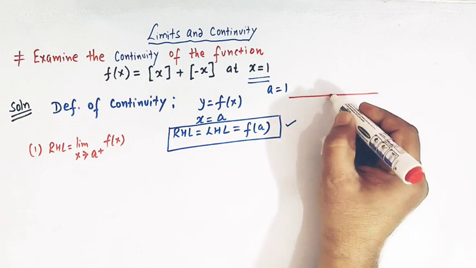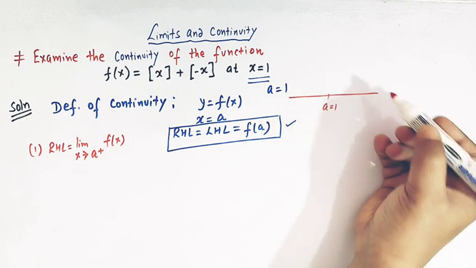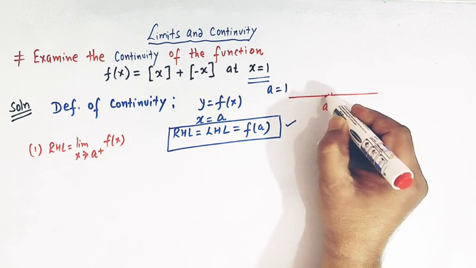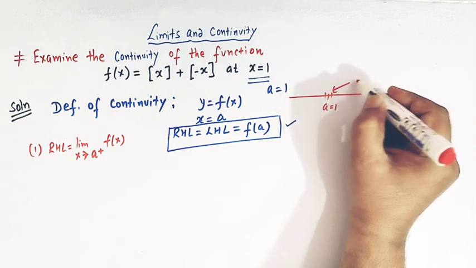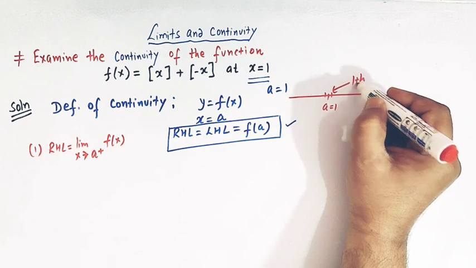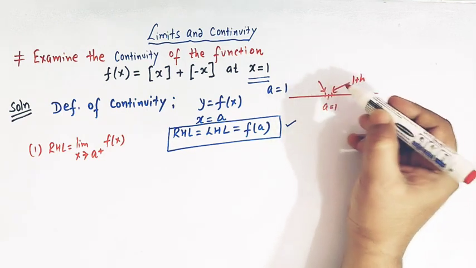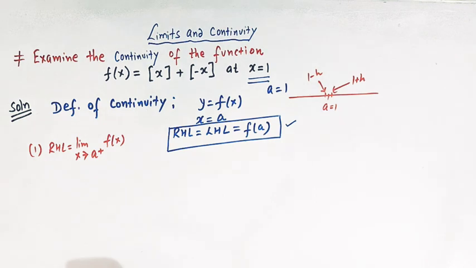Here we have the point a is equal to 1, and we'll take 2 points in the neighborhood of a is equal to 1: this point is 1 plus h, and this point is 1 minus h.